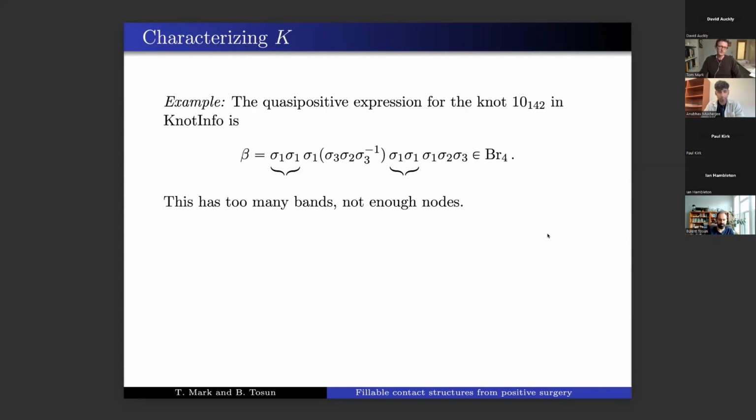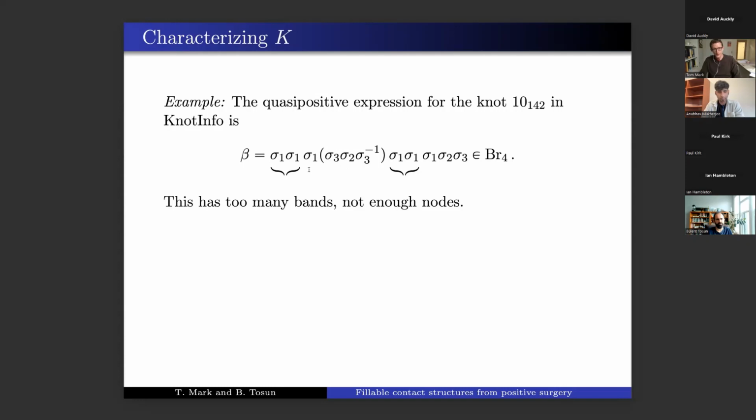So here's an example. If you again poke around on KnotInfo, and you look at the knot 10-142, KnotInfo tells you that it's quasi-positive, and a quasi-positive expression for it is this one. In general, quasi-positive means a product of conjugates. Everything here is unconjugated or trivially conjugated, except this expression in parentheses.